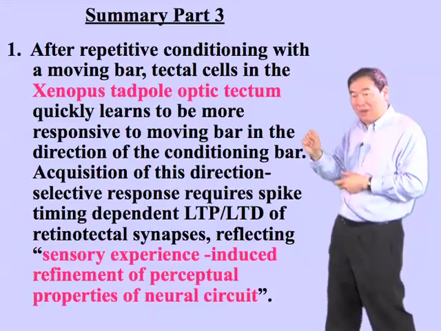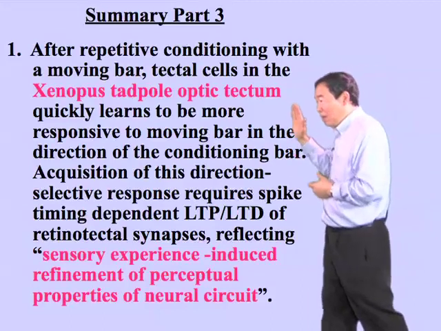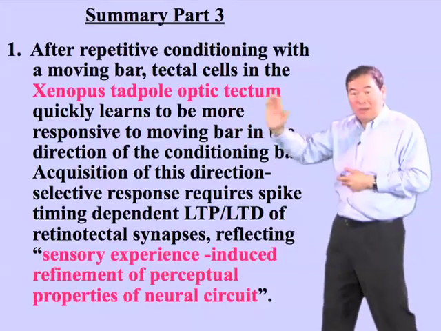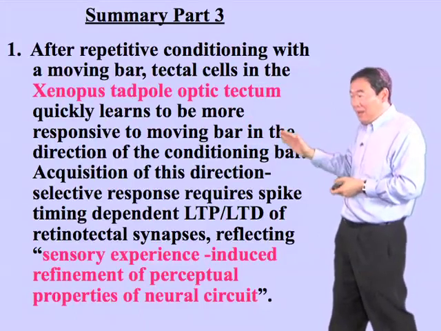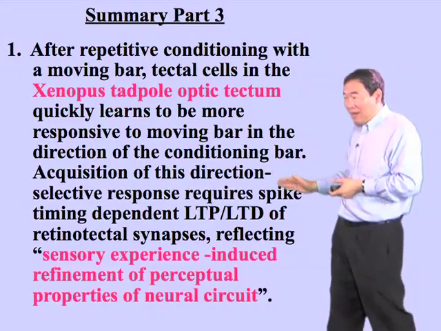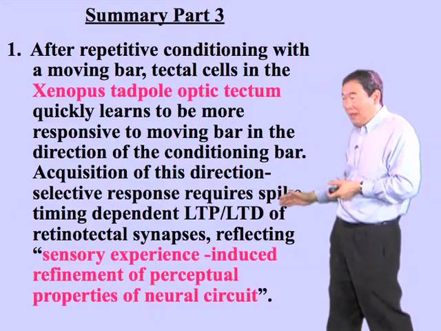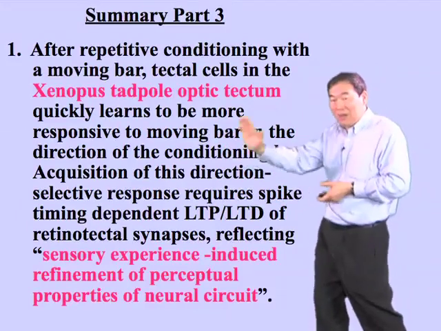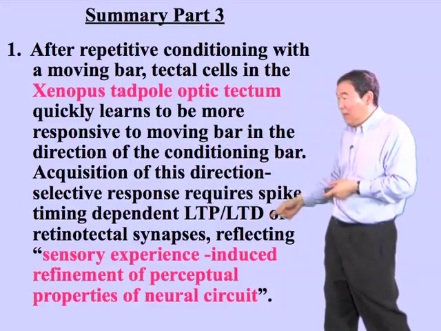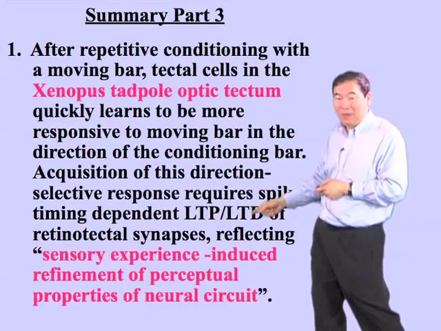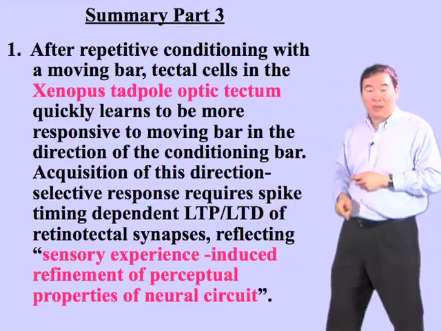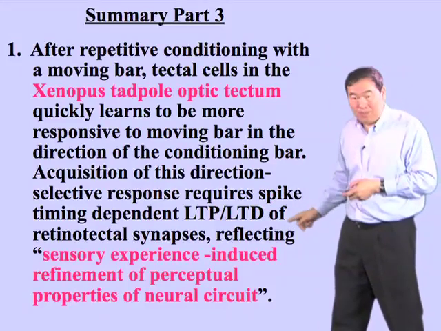The cell can learn to respond to the sequence of firing of retinal ganglion cells in a specific direction. And in a set of experiments, I didn't go into detail, this learning of direction selectivity depends on the spike-timing-dependent long-term potentiation and depression of the retinotectal synapse.